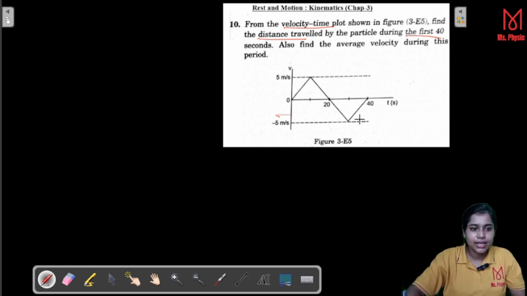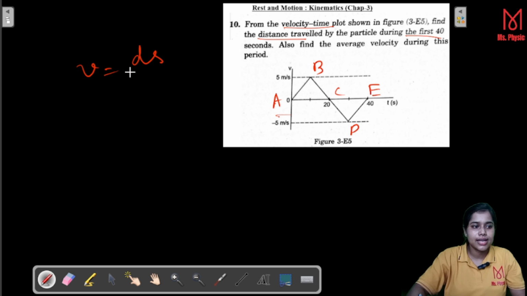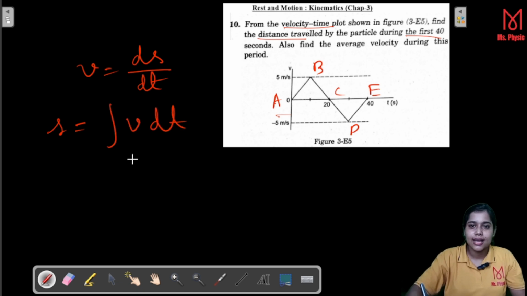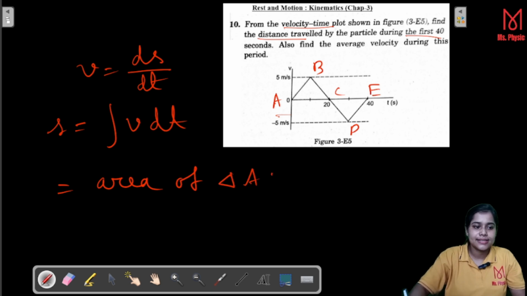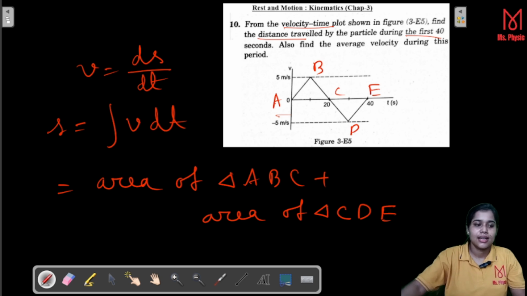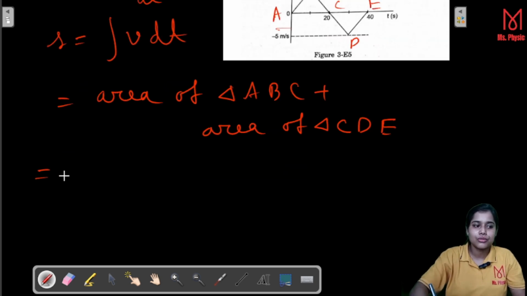Now see that here we are getting two triangles, so let me give the names of them, A, B, C, D, and E. You have to find the distance from V-t. As we know, V is equal to ds over dt, and since distance is asked, S is equal to integral of V dt, which is the area. So it is the area of triangle ABC plus the area of triangle CDE.